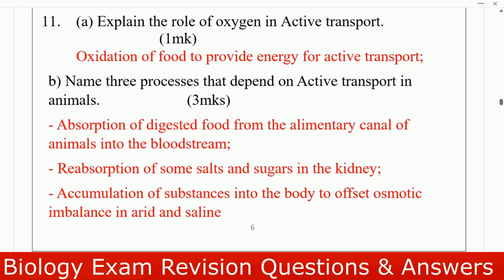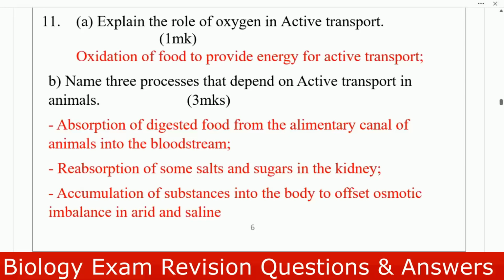Number 11. Explain the role of oxygen in active transport. The role of oxygen is oxidation of food to provide energy for active transport. 11b. Name 3 processes that depend on active transport in animals. Number 1, absorption of digested food from the alimentary canal of animals into the bloodstream.